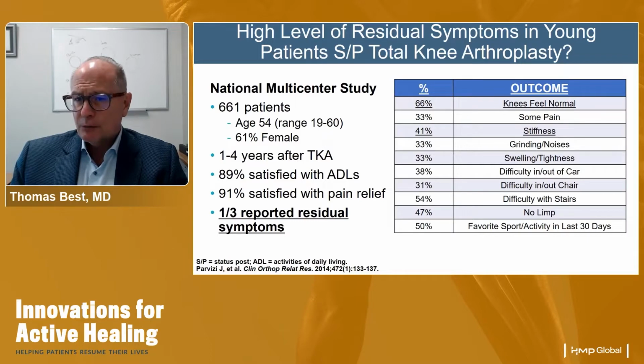So high volume practice, and these were very high profile surgeons, including colleagues of mine at Ohio State, Drs. Lombardi and Barrack, as well as Dr. Clohisy from Washington University in St. Louis.